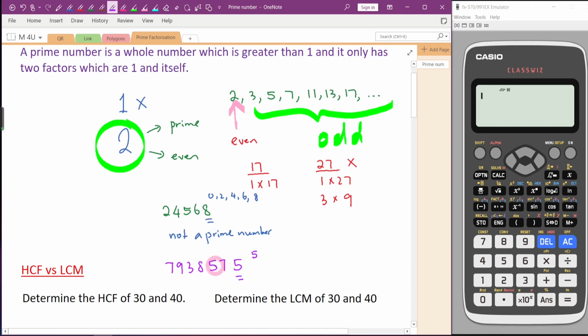We don't have to know how many factors this number has. As long as we know that this number has more than 2 factors, then we can make a conclusion. This is not a prime number. Okay, let's try other numbers which are a little bit hard for us to determine whether it is a prime number or not a prime number.